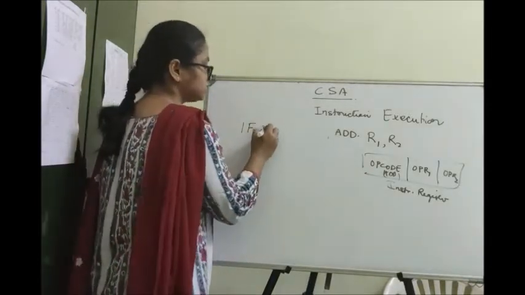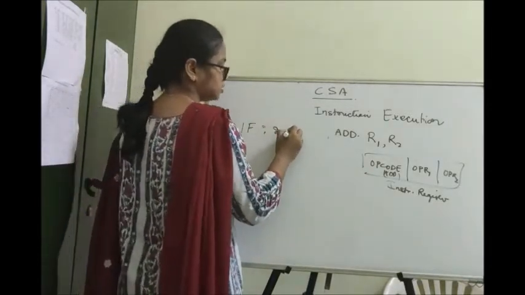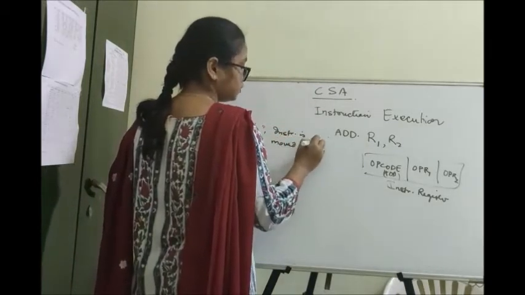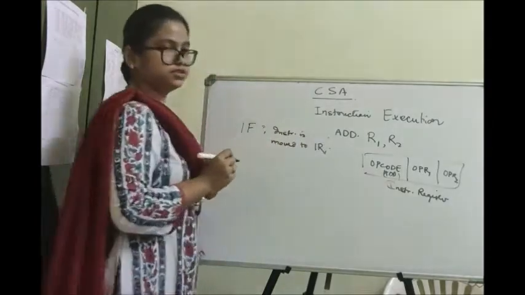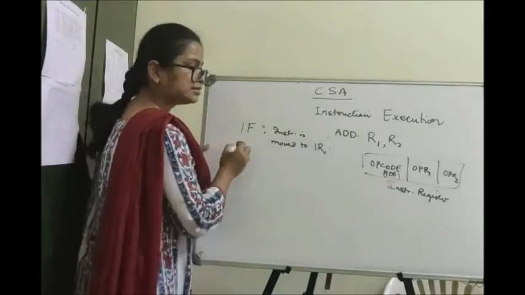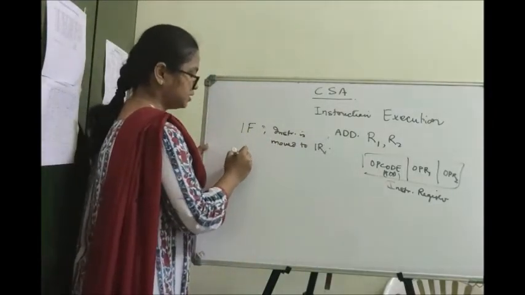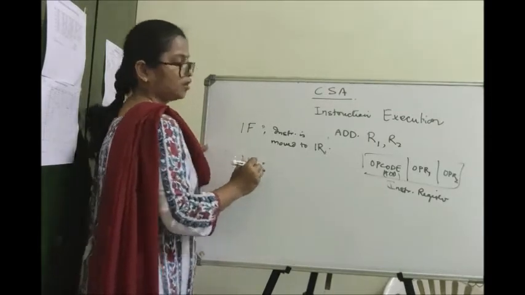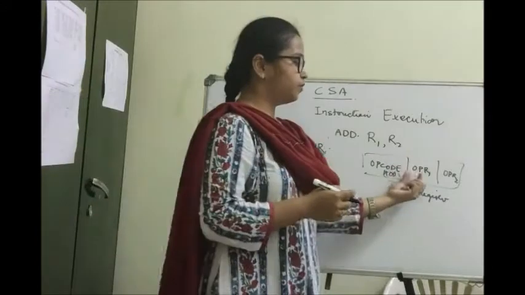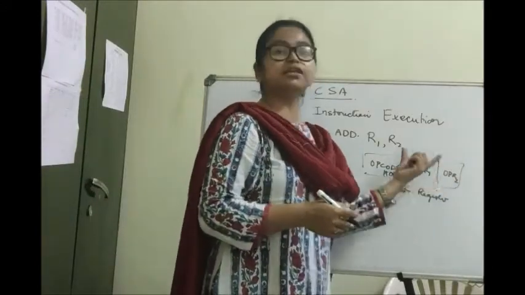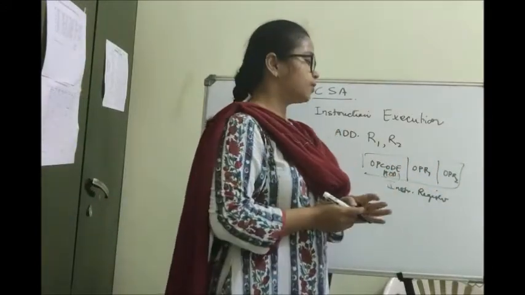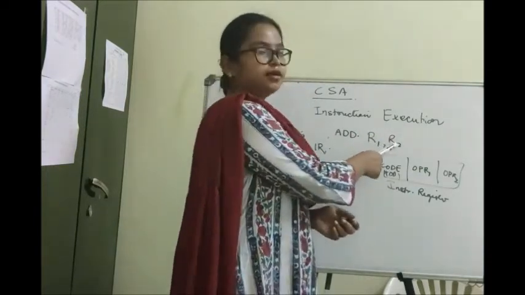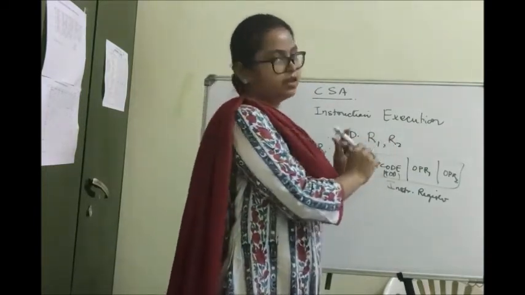So what happens in instruction fetch? The instruction is moved to IR, the instruction register. Okay. So what is the second step? The second step is instruction decode. In instruction decode, we have to see what addressing mode it is. Suppose it is register addressing mode, as it is evident that the operands are present in registers.